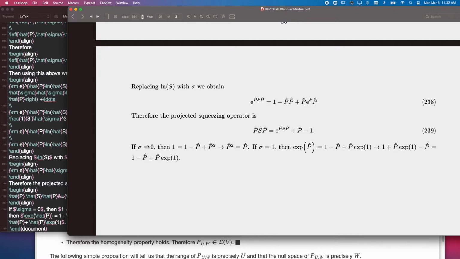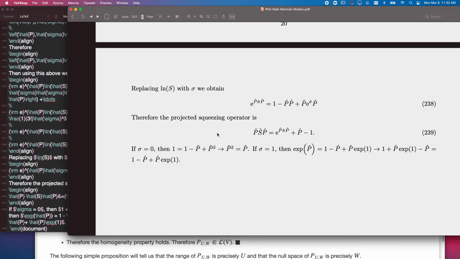So if sigma equals 0, then we have identity equals 1 minus p plus p squared. So this just gives me 1 minus 1 is 0, to get p squared equals p. Okay. If sigma is equal to identity, then we have the exponent of p is equal to 1 minus p plus p times the exponent of 1.